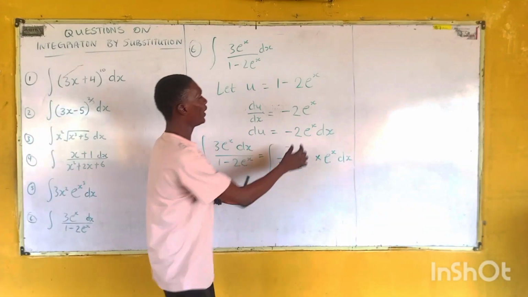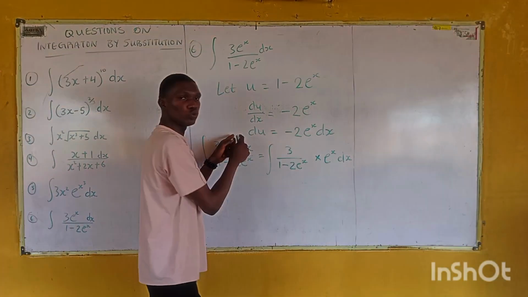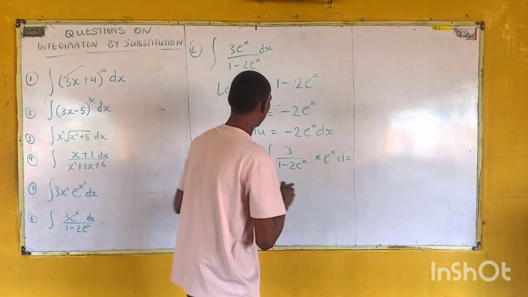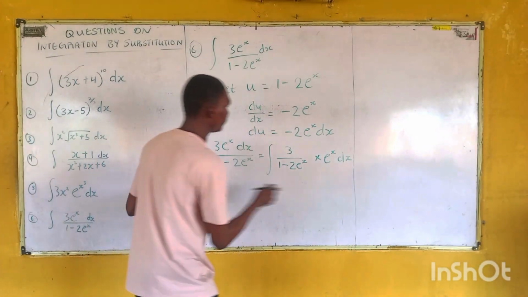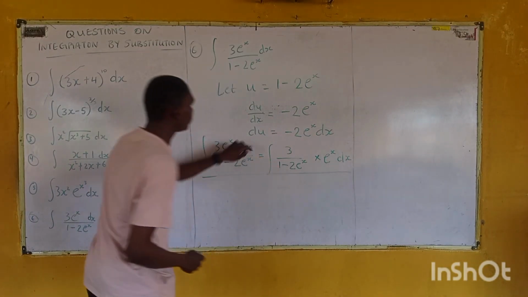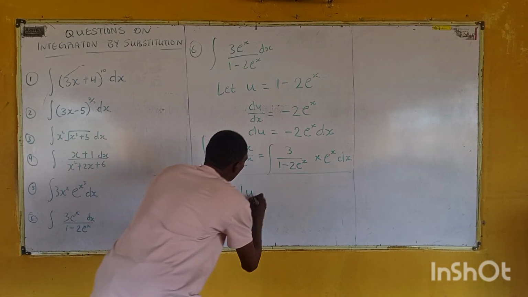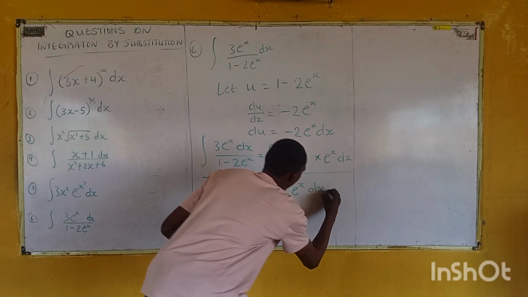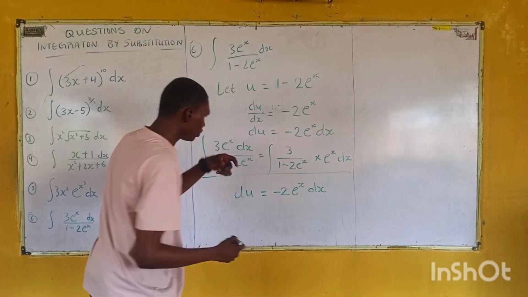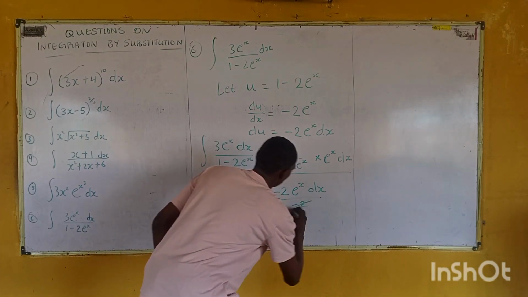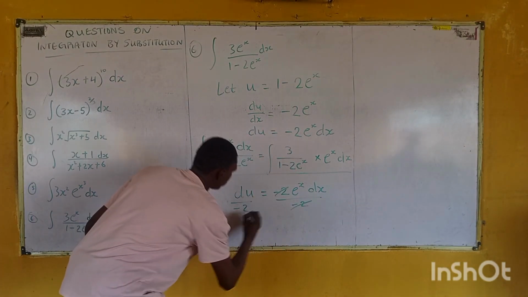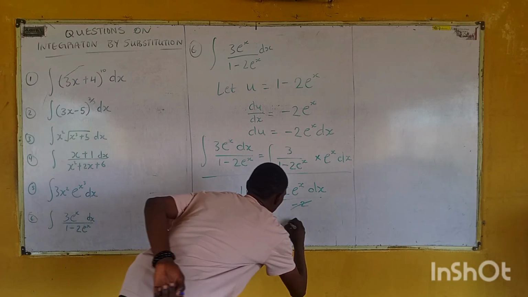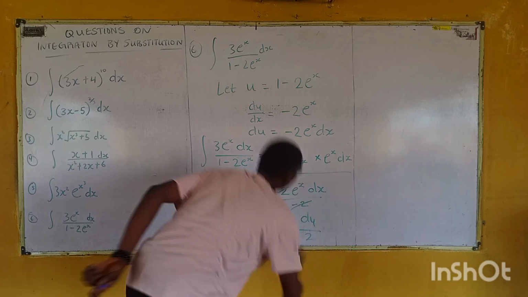Divide this by minus 2. So therefore, exponential raised to power x dx is now written in the form of minus du over 2. All right.